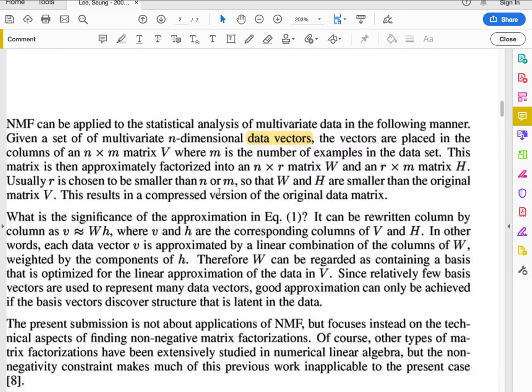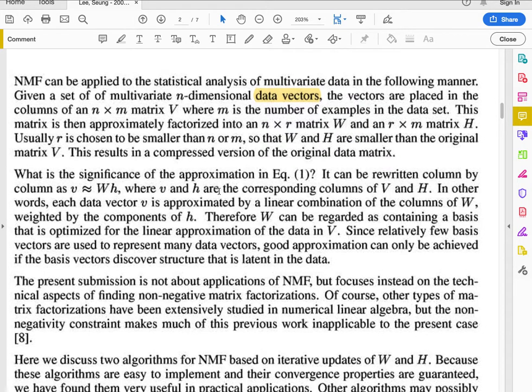Okay. Now they are giving some nice things about NMF. NMF can be applied to the statistical analysis of multivariate data in the following manner. Given a set of, okay, this is very important, I will tell you why.